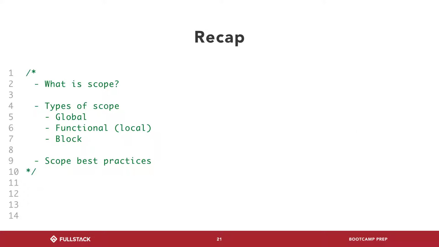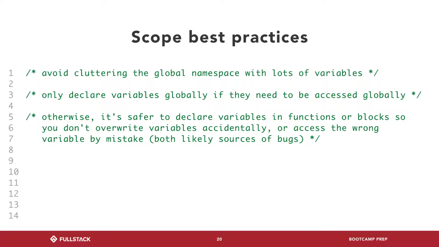The other corollary to that is there are very few instances in which you would actually need to use global variables for the most part. Usually, if you create a global variable, it speaks to a certain level of bad code hygiene, I guess.